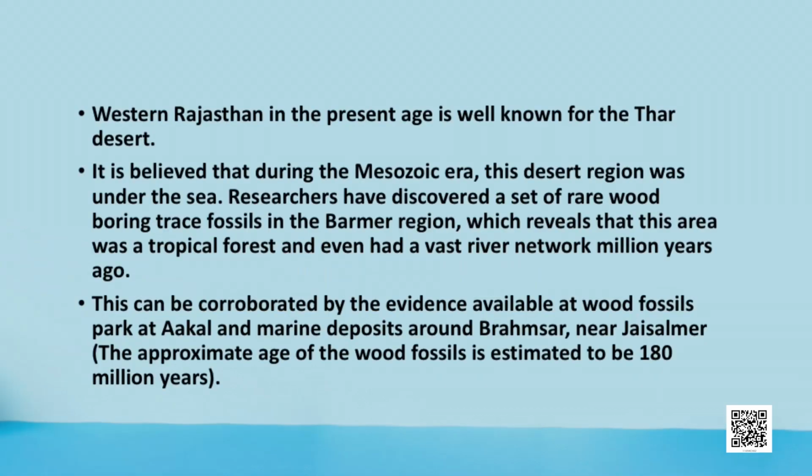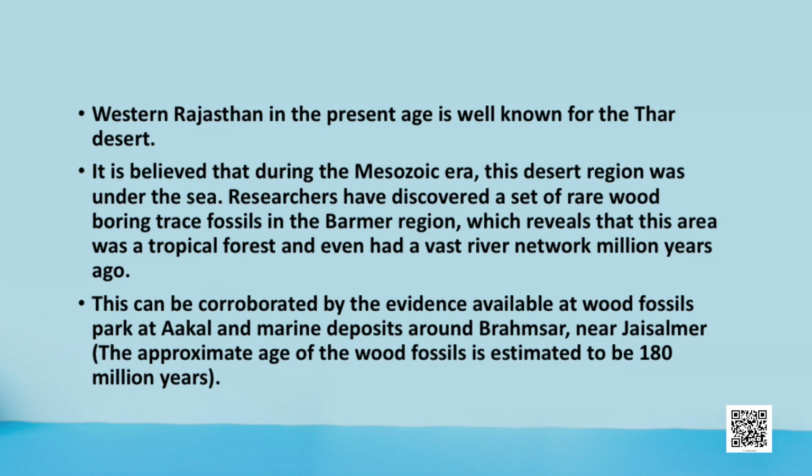Rajasthan region. Now, Western Rajasthan in the present age is well known for the Thar Desert. It is believed that during the Mesozoic era, the desert was under the sea. Researchers have discovered a set of rare wood boring trace fossils in the Barmer region, which reveals that this area was a tropical forest and even had a vast river network.